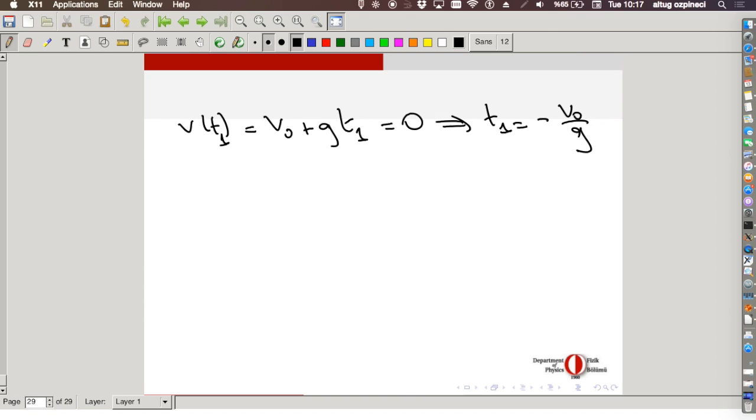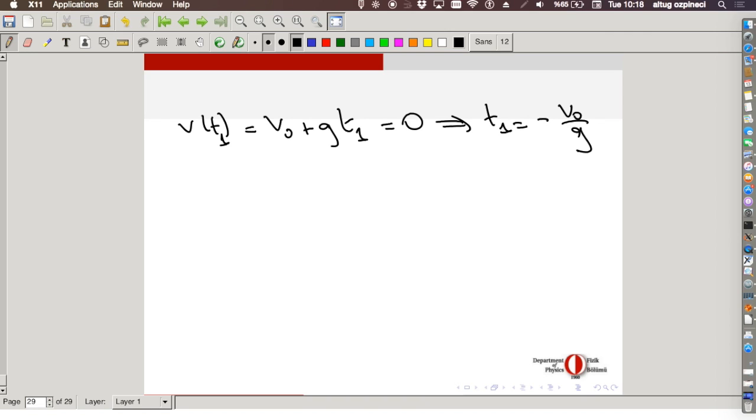Is this a positive time or a negative time? Well, in general, we don't know. It can be positive or negative, because v0 can have any value. So in this example, if we are throwing it up, we know that v0 would be negative. So v0 over g would be a negative number, and hence the negative of a negative number will be a positive number.